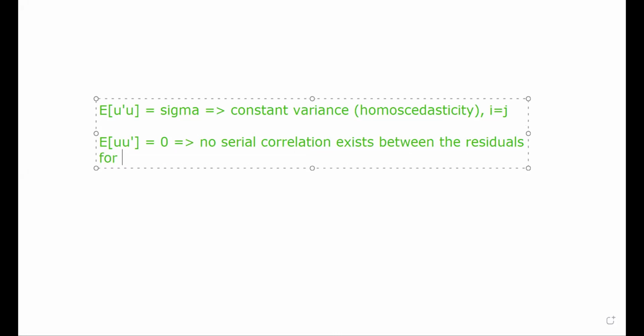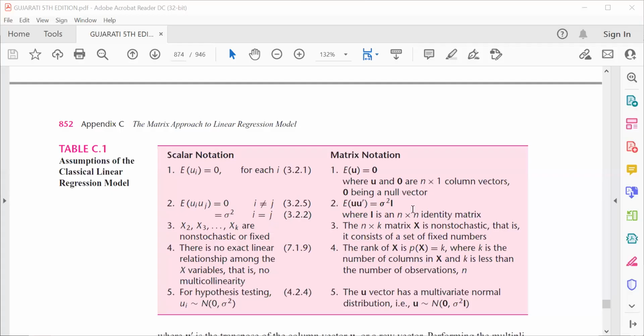This is the orthogonality assumption. So this second assumption has two properties: first, constant variance, and second, no serial correlation.